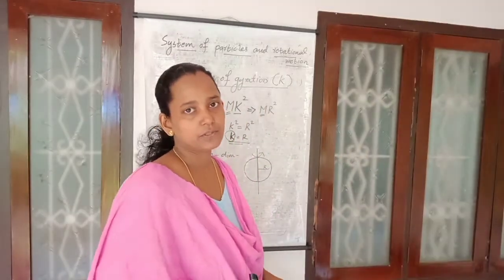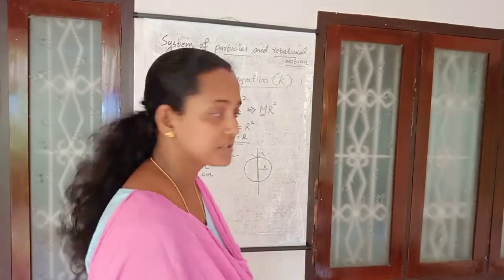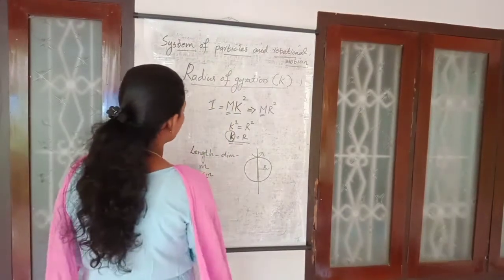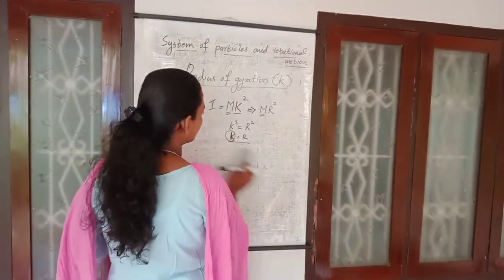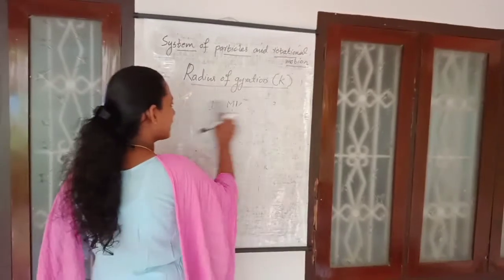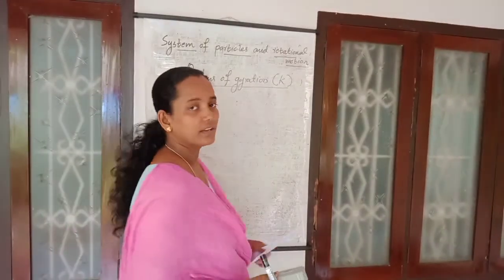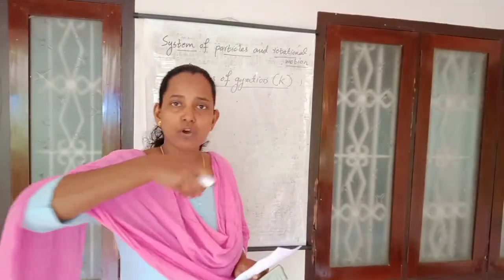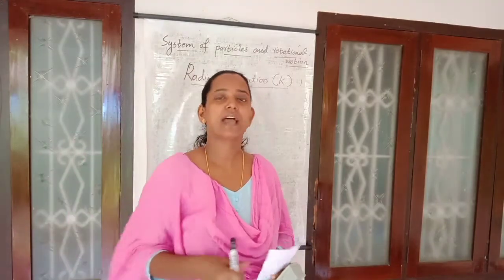Next, what I am going to derive is not given in your textbook, but anyway you must study it: the radius of gyration and its expression. We know that the radius of gyration gives us the measure of the distribution of mass of the particles about the axis of rotation.